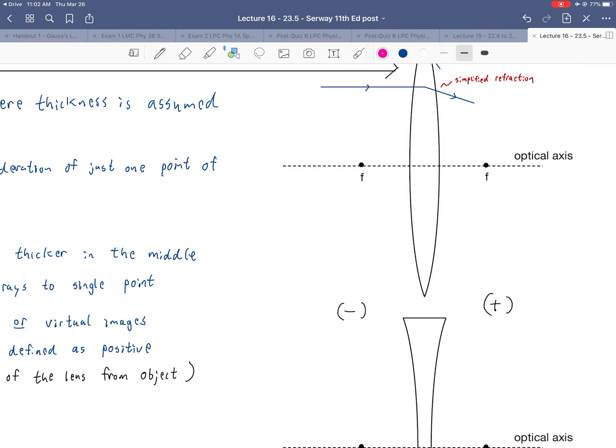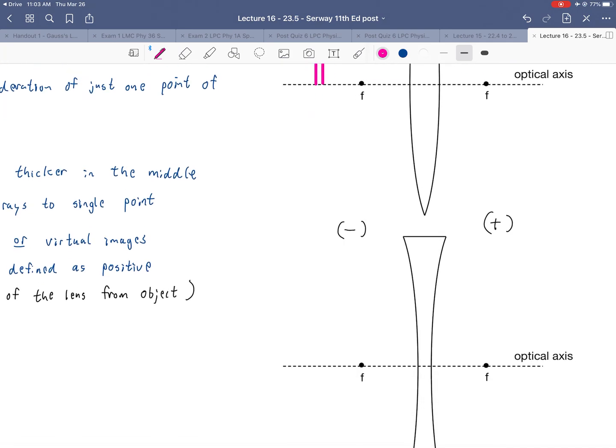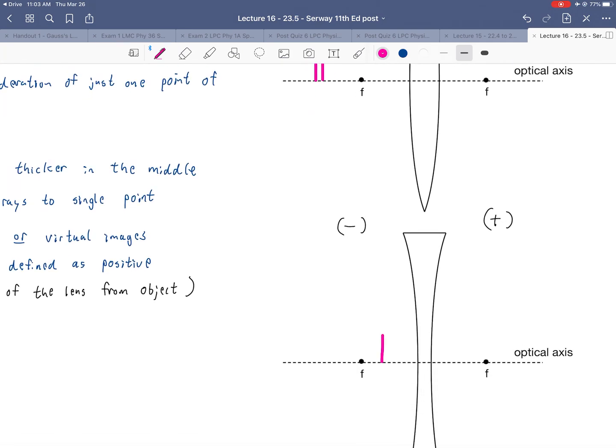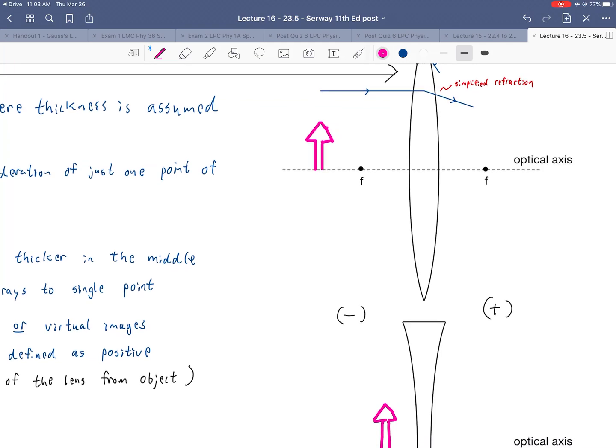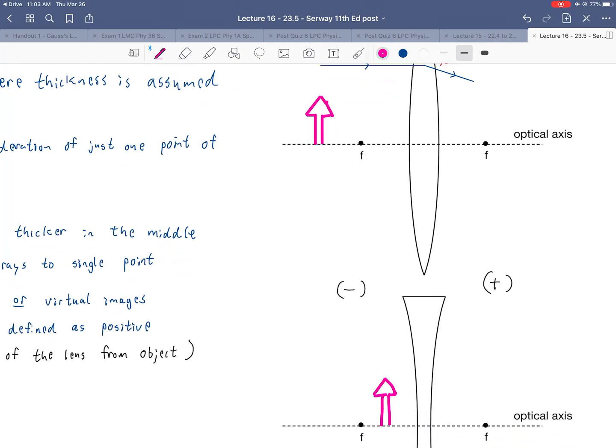So for the converging lens, we'll put an object over here. And then for the diverging lens, I'll put an object in here.